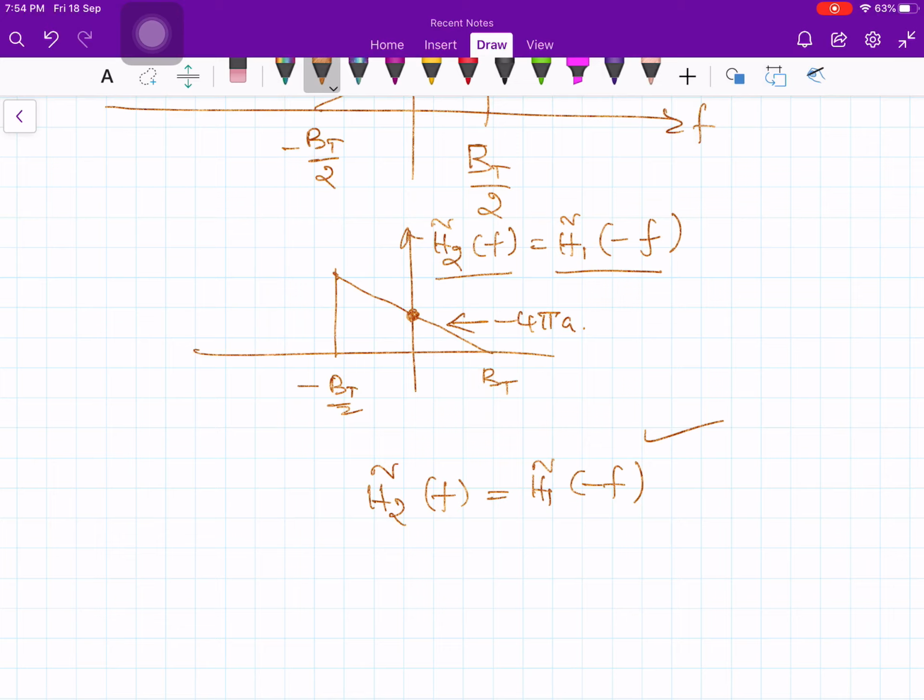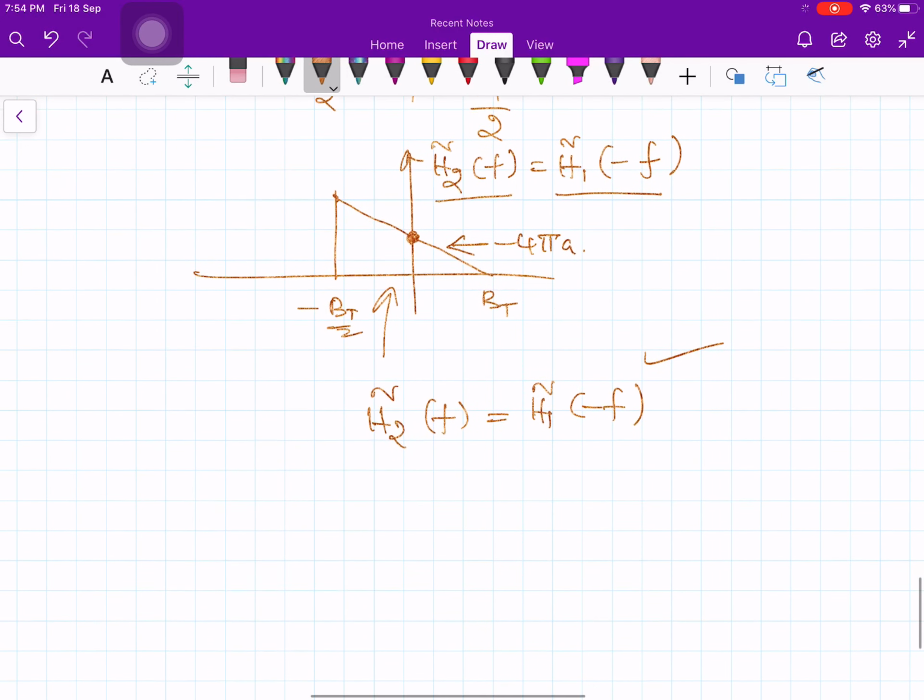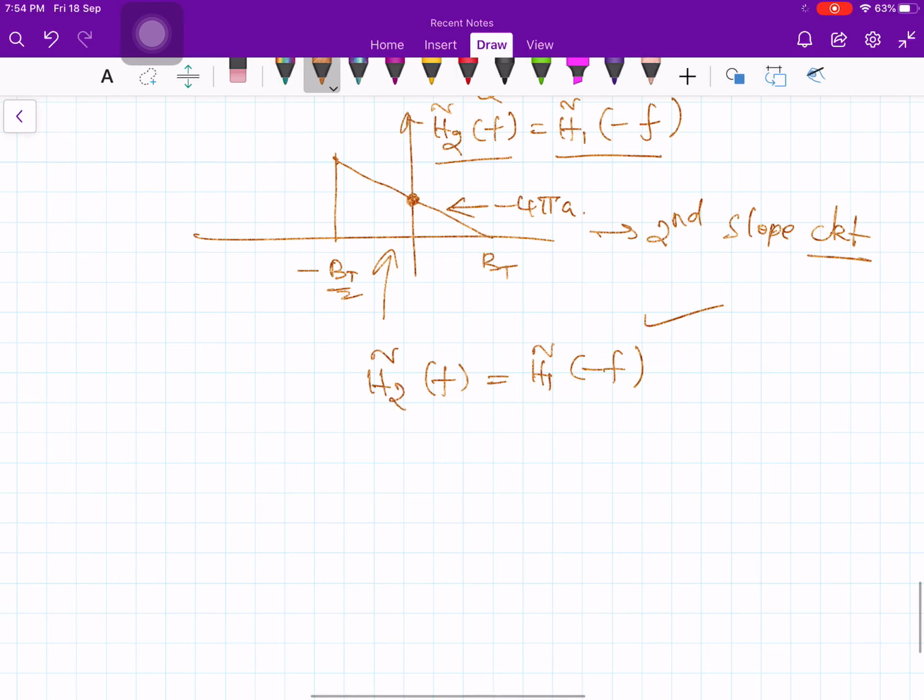So we will proceed with the analysis with this kind of slope circuit in our mind. Okay, this is my second slope circuit.